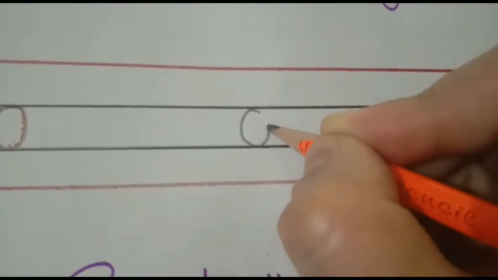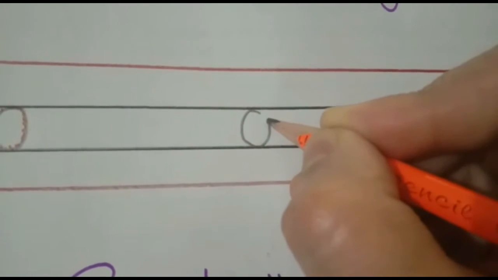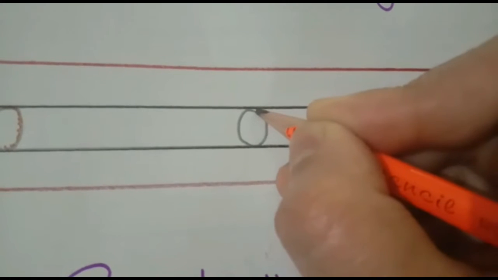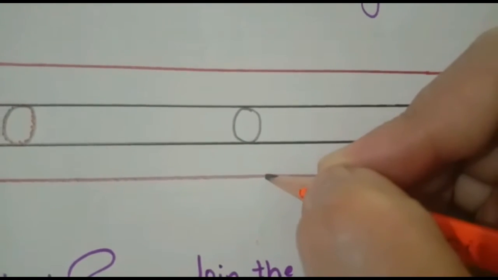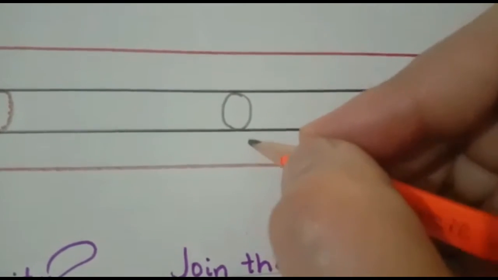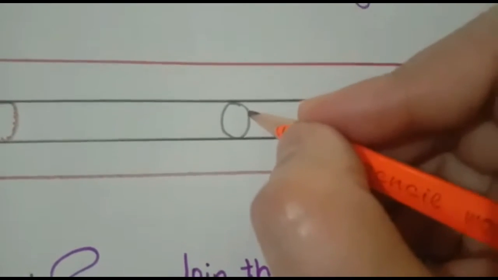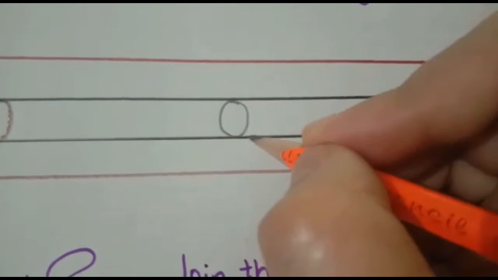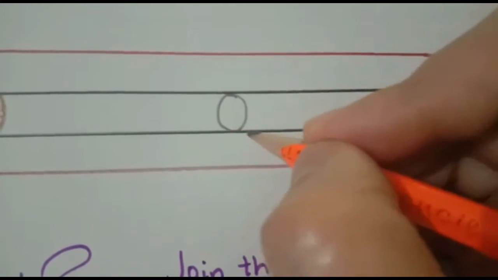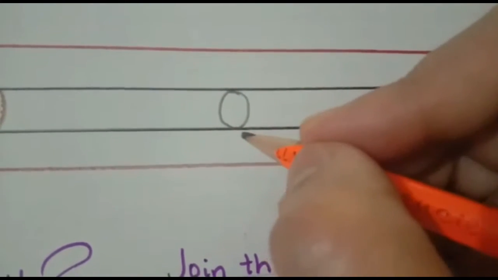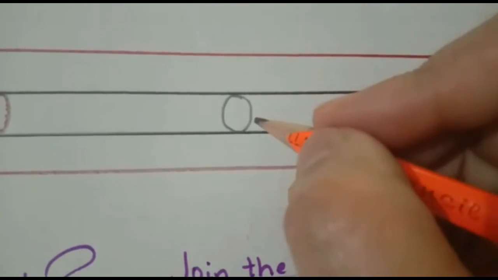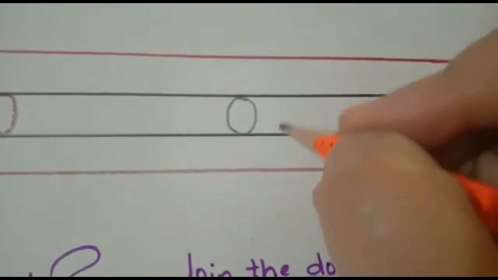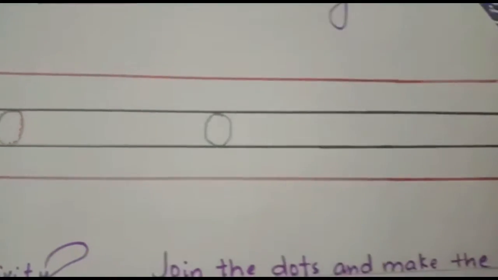Now go up and make another half circle like this. And yes, I have done it. I will make an anti-clockwise full circle, a complete circle for letter O. This is small o. This is a lowercase and it should be in 2 lines.